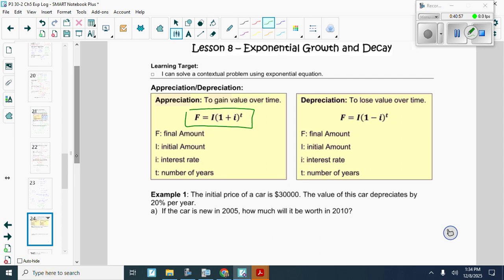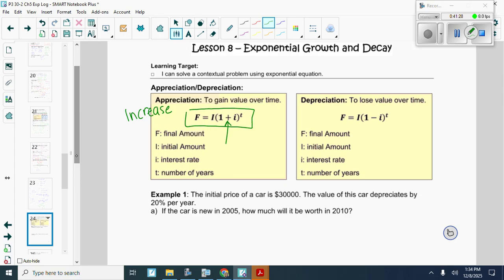So we're going to be using words like growth or appreciation. For example, if you were to buy a piece of art, art is supposed to appreciate over time, which means it's supposed to gain in value. So appreciation is the increase, and you'll notice that there's an addition sign in the formula.